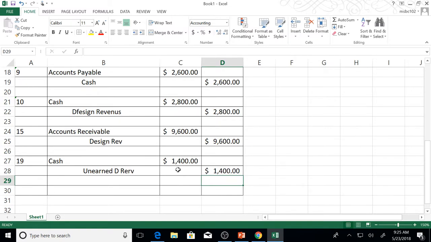What kind of account is that, unearned design revenue?